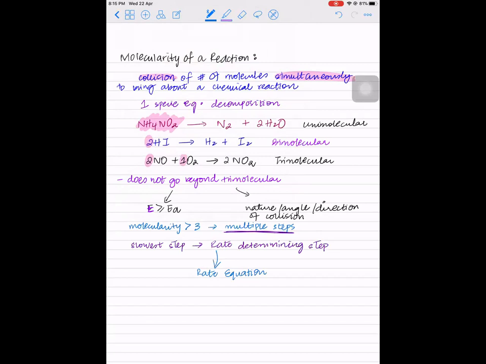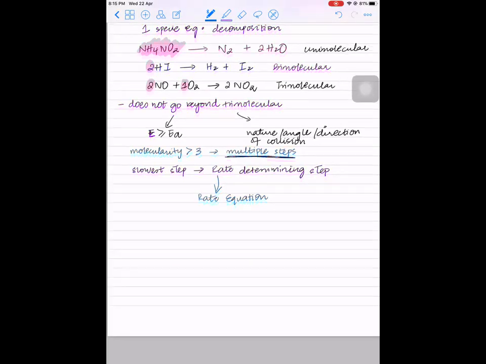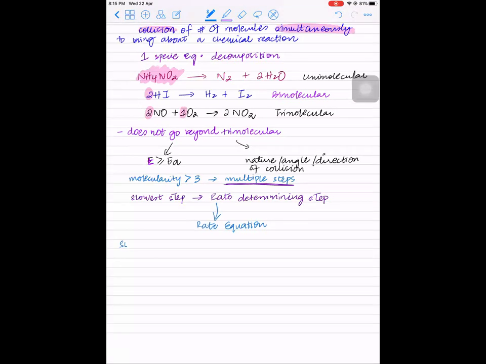If you have a two-step reaction, let's take an example of this reaction. Step 1 is H2O2 plus iodide ion giving H2O plus IO minus. This, I'm telling you, is the slow step.